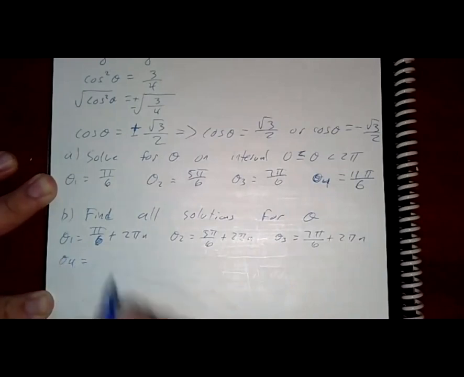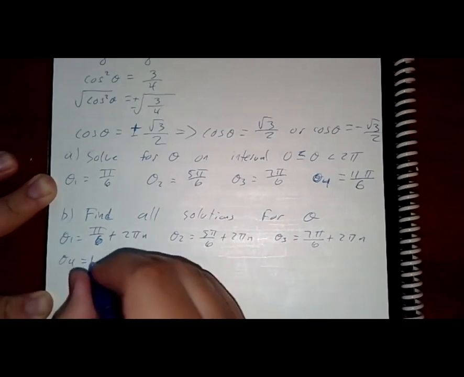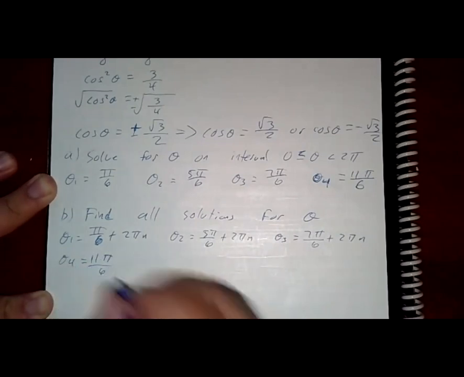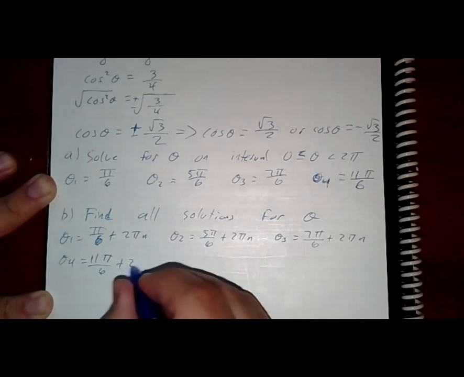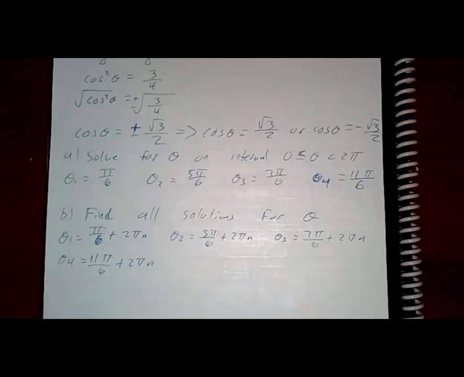Theta 4 would be 11 pi over 6 plus 2 pi n. Although you could technically shorten it, right?